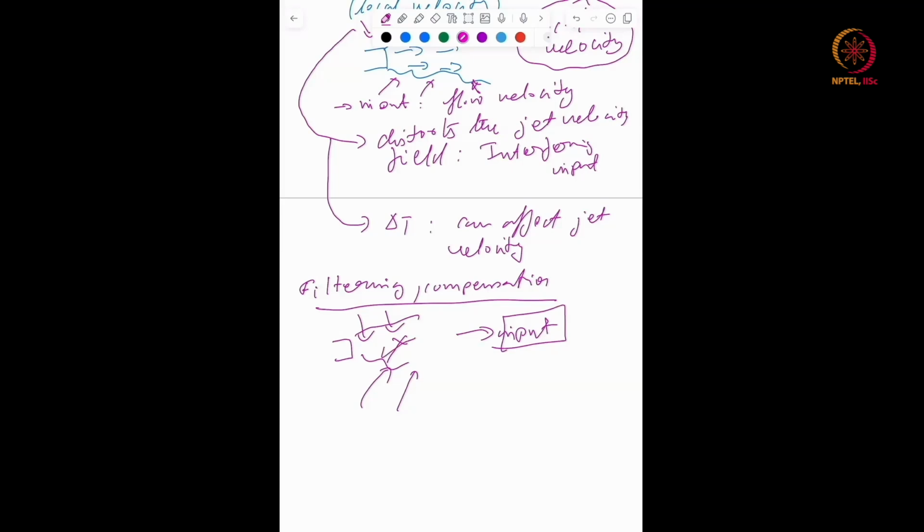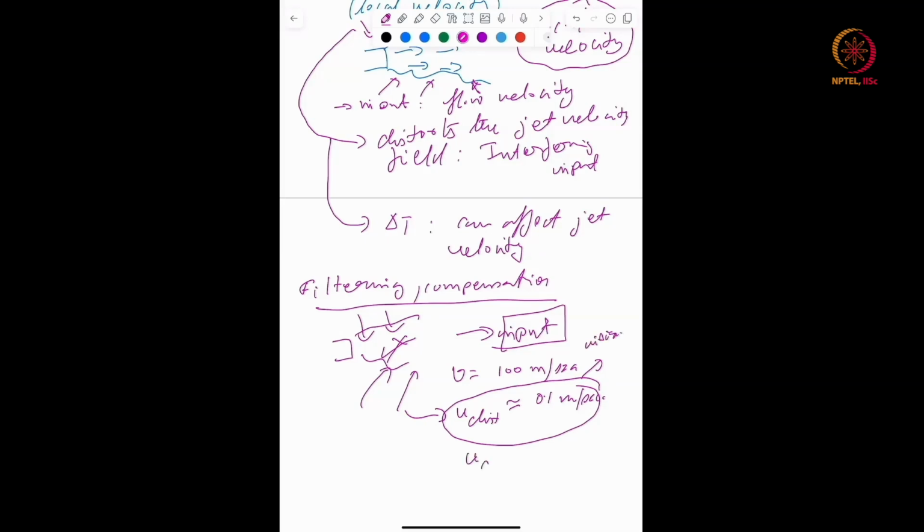Okay? And what the experimenter in this case should do, he should identify all these undesirable inputs and estimate their effects. So for example, if this velocity is say 100 meter per second, and this distortion is of the order of say 0.1 meter per second, naturally this effect we can consider to be insignificant.